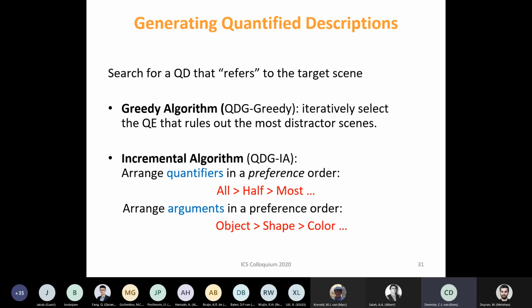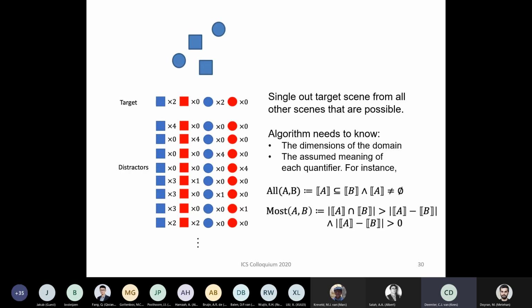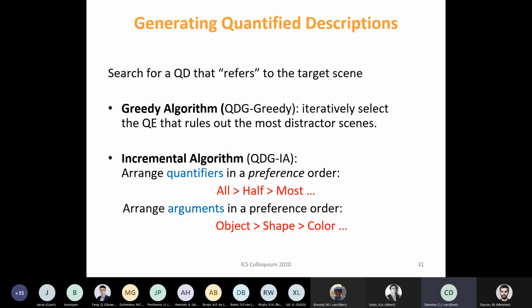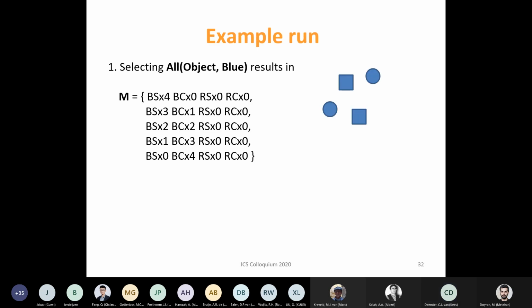Now, the idea here is to look at this set of all logically possible scenes and say more and more, so that more and more of these possible scenes fall by the wayside.